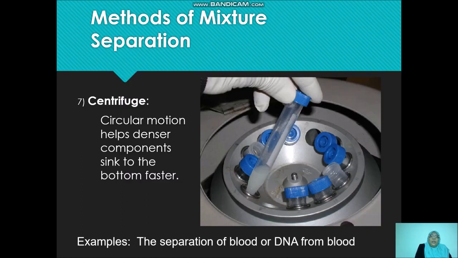To separate the sediment or precipitate from the filtrate or liquid, we apply a centrifuge. It will rotate very fast, and finally the blood will separate into two layers. The first layer is the sediment or precipitate, and the other is the liquid above.